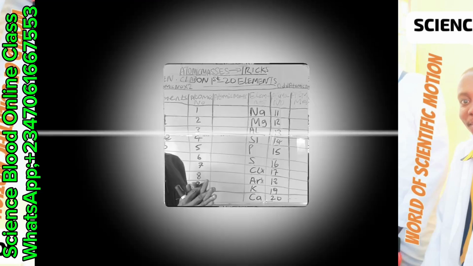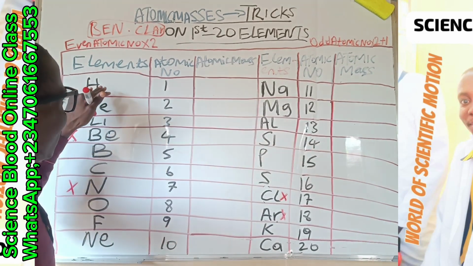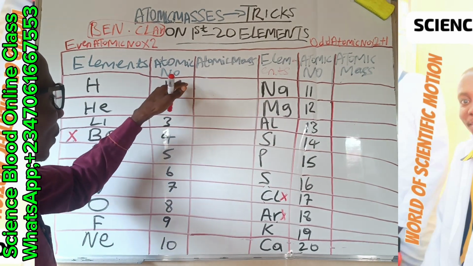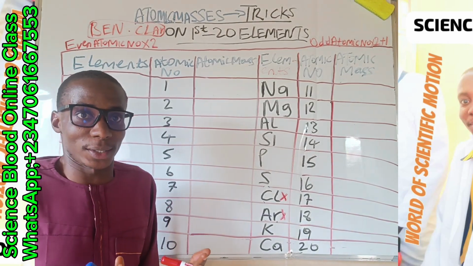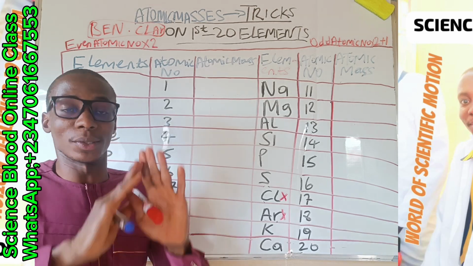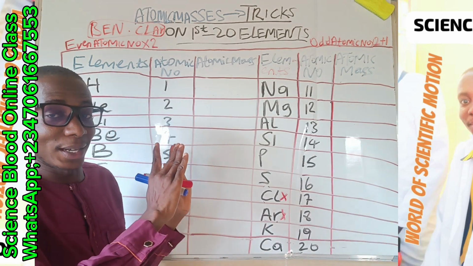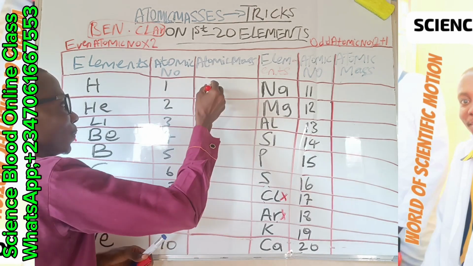Now let's start. Based on hydrogen, the atomic number of hydrogen is 1. With hydrogen, both the atomic number and the mass number are always 1. So any concern of hydrogen, always leave it there. So this one is just 1.